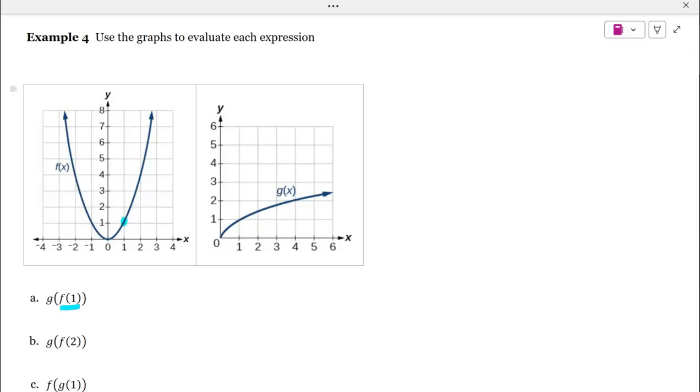Well, when x is equal to 1, it looks like y is equal to 1. So the output is 1. So this is going to be the same as g of 1. Then I'll move over to the function g, and when I plug 1 into the function g, I also get an output of 1. So this example gives me 1 as the answer.